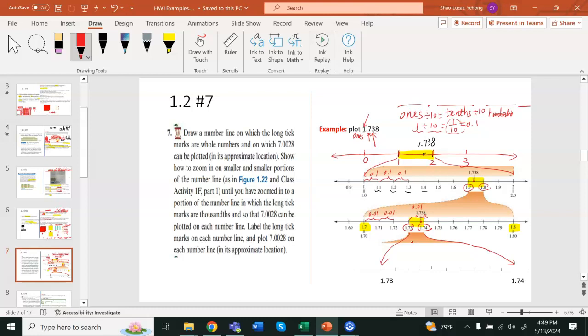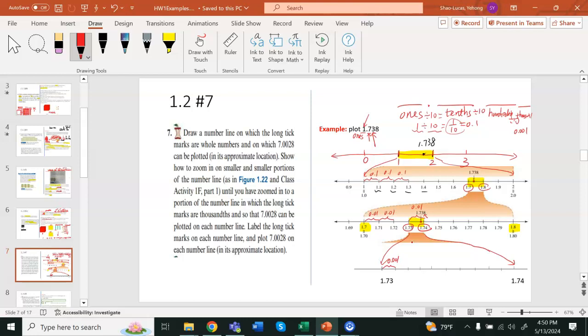Now, how do we generate thousandths from hundredths? Again, we divide by 10. So we take this little interval and divide it by 10. You can see I have it already divided into 10 equal parts. When you divide a hundredth by 10, you get a thousandth, which is 0.001. So this little section is going to be 0.001.